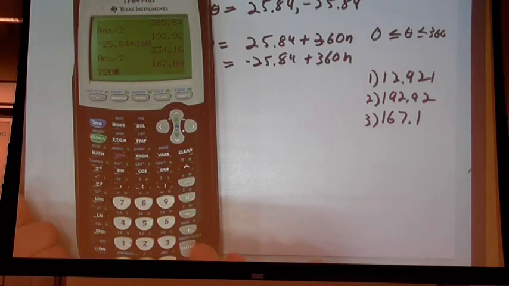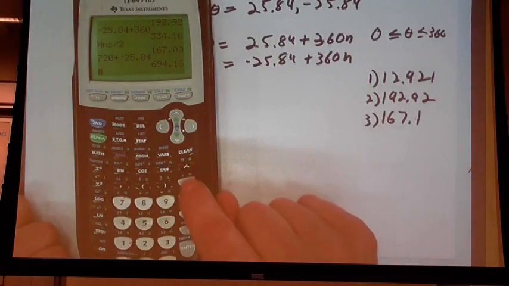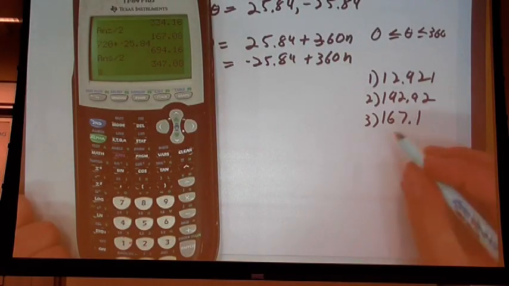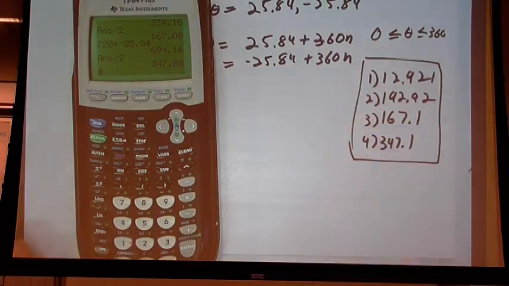This is the one, Jessica, I missed when we were talking. You can add 720 to negative 25.84 divided by 2, and you get 347.1. So here we have 4 solutions.